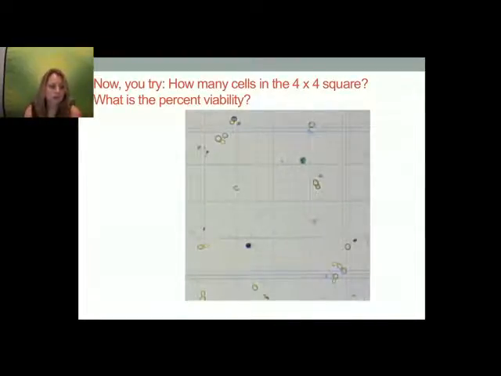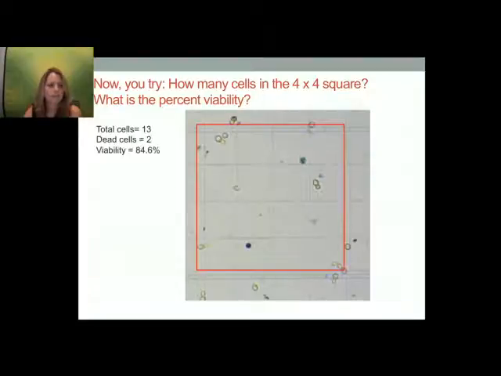Now you try. Go ahead and pause this video and count the number of cells and determine the viability. Okay, how did you do? If we put the red square around where you should be counting, you can see that there are 13 total cells.